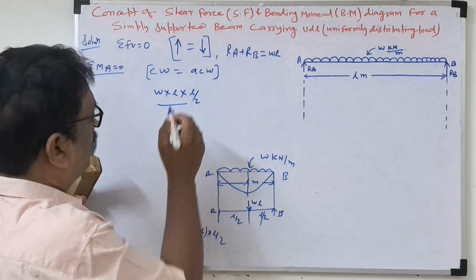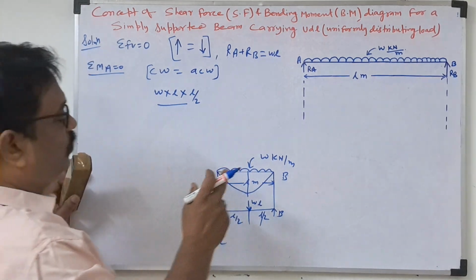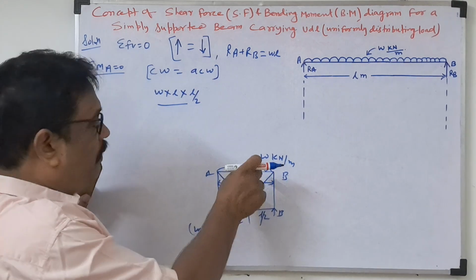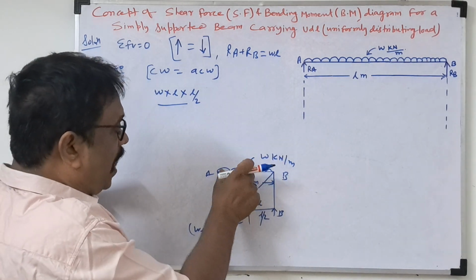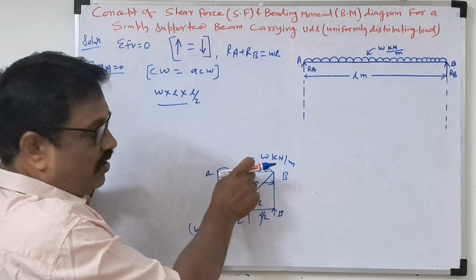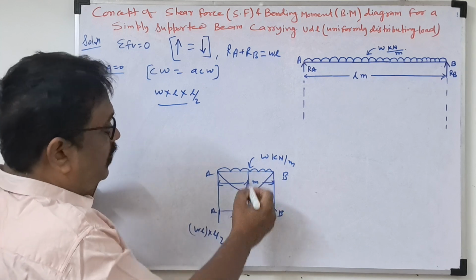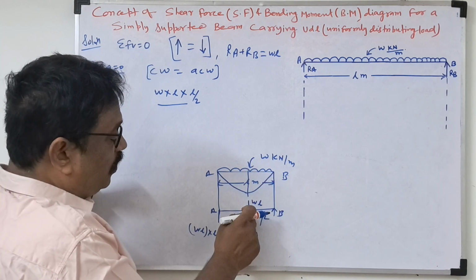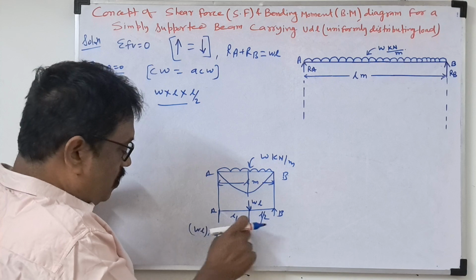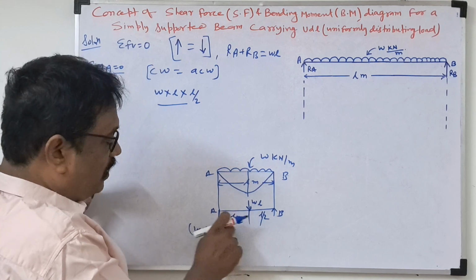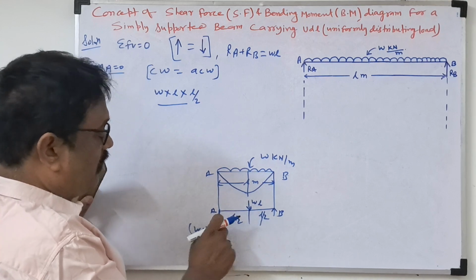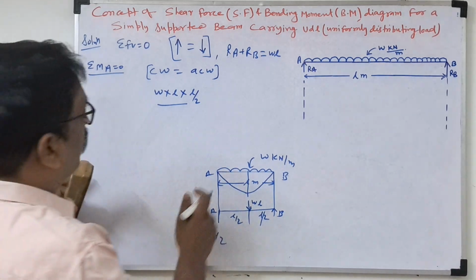So either you remember that if a UDL is there, you take load into half distance, which is the center of gravity point, or convert into a load diagram and take the load into perpendicular distance. Force into perpendicular distance is the moment.